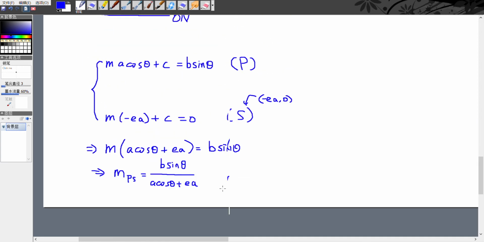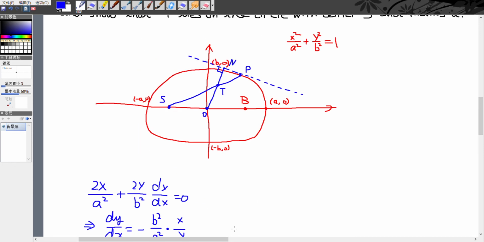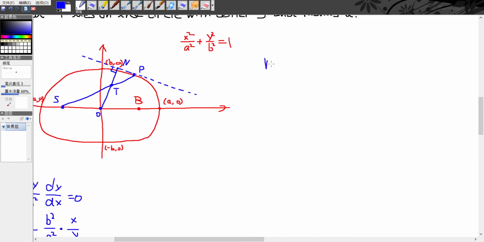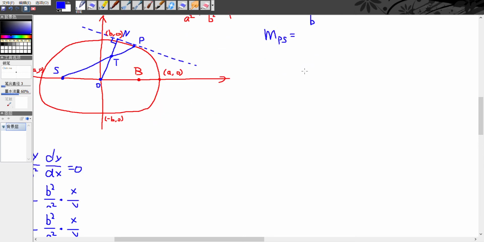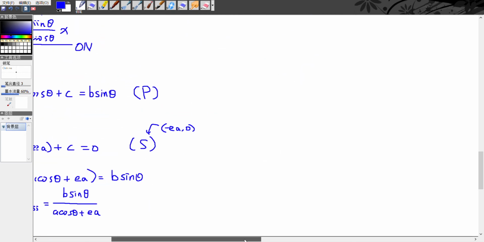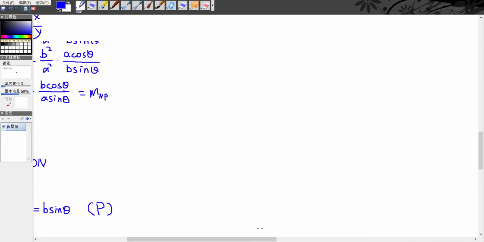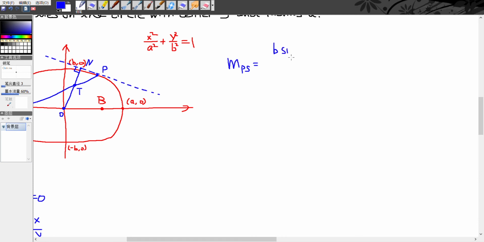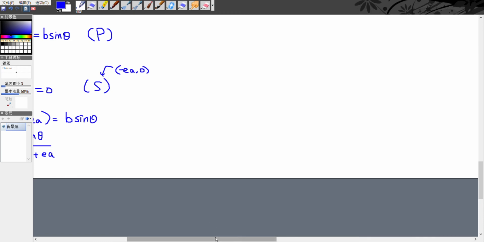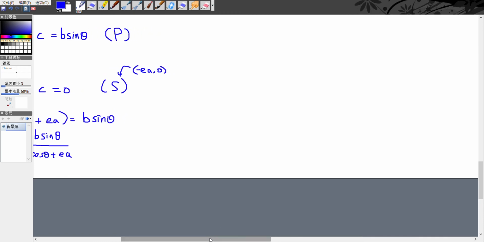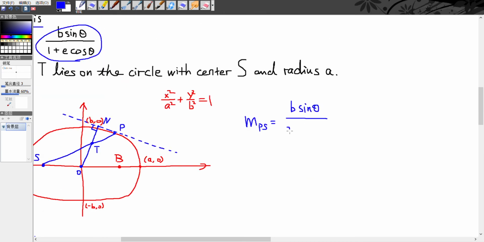Okay, and then since we already have the m for PS, I'd like to write it down because it will be clear for us to solve this question: b sine theta over a cosine theta plus ea.